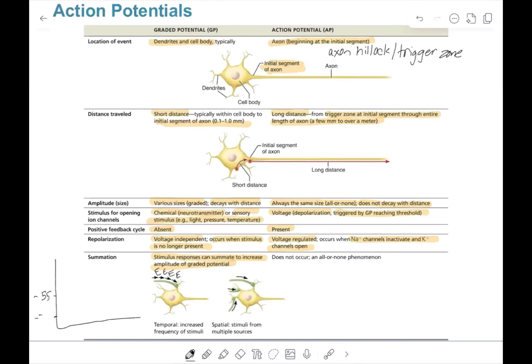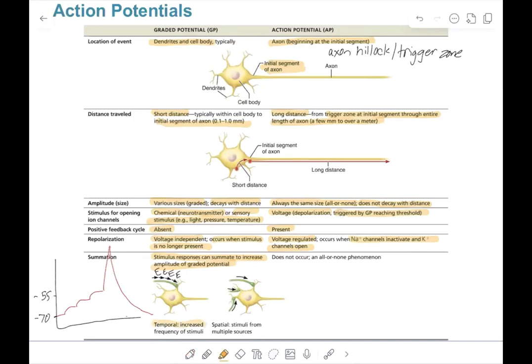It begins at negative 70. We have one excitatory postsynaptic potential that depolarizes, another after that, another after that. And once we reach negative 55, we then automatically have an action potential. So it goes up like this and then back down. So that's what summation means.